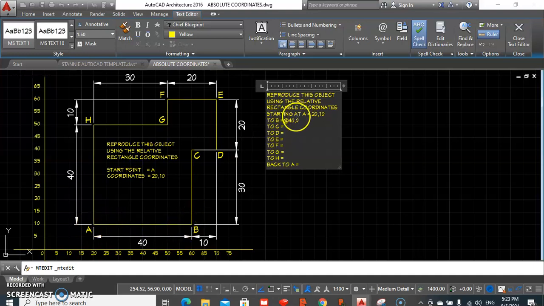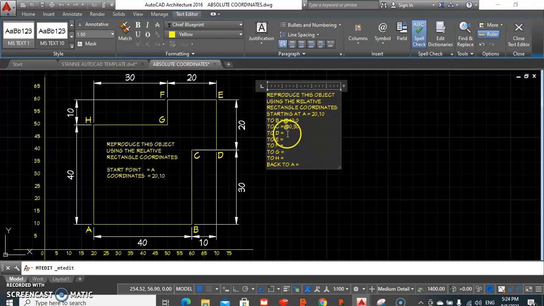There was no vertical movement. To get to C, it's going to be @. Now notice from B to C, there is no horizontal movement. And so our x value is going to be 0, and our y value is going to be 30.